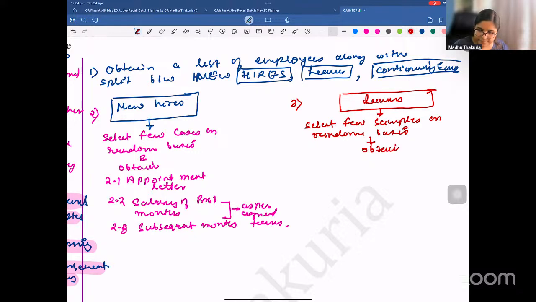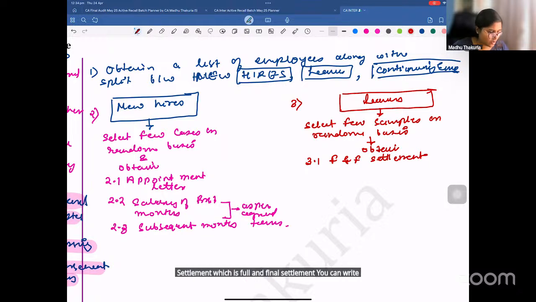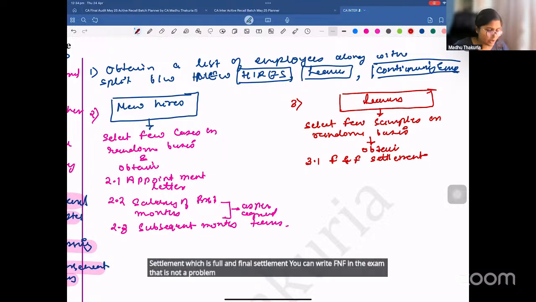Obtain the FNF settlement, which is full and final settlement. You can write FNF in the exam, that is not a problem, because in industry it is called FNF settlement only.